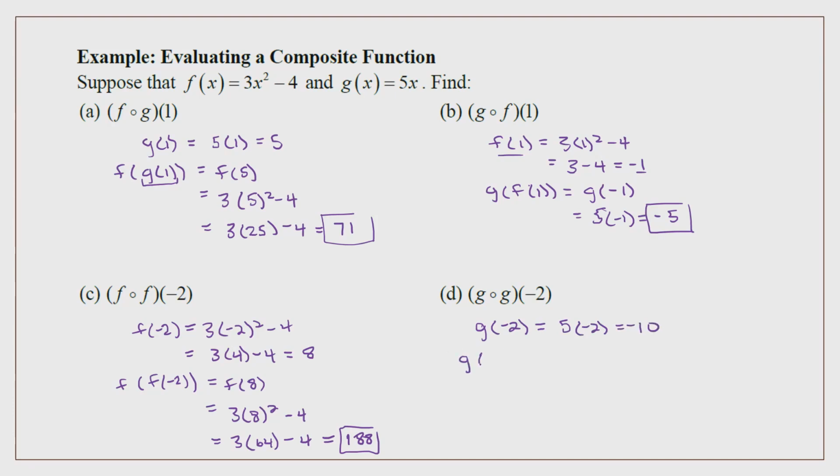Then g of negative 2 gives me g of negative 10, so 5 times negative 10 equals negative 50. Amazing.